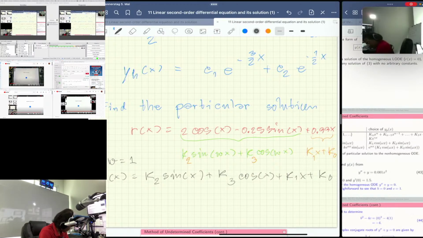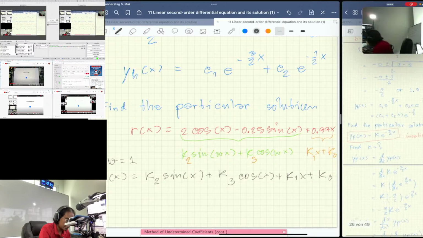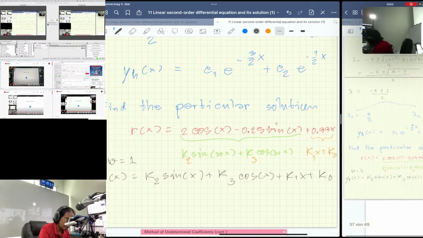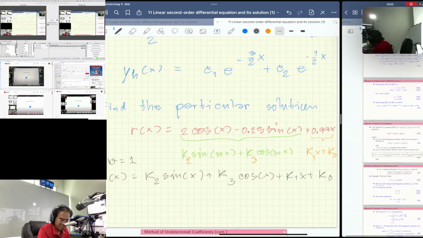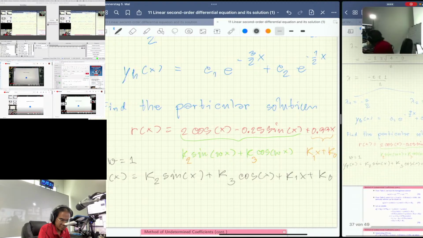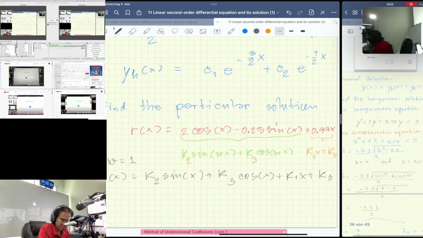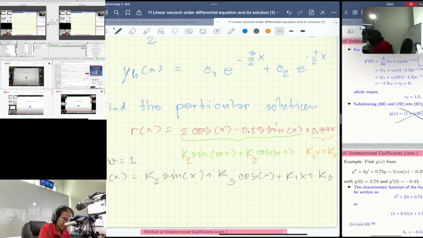The next thing is we will substitute it into the original equation. Where is that? The original equation, right here.